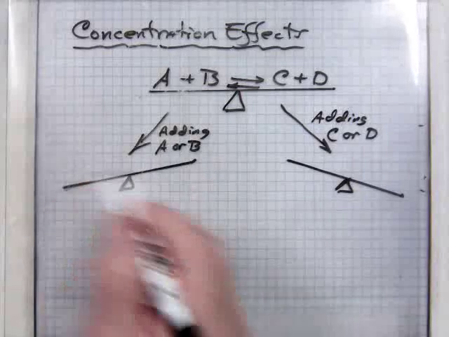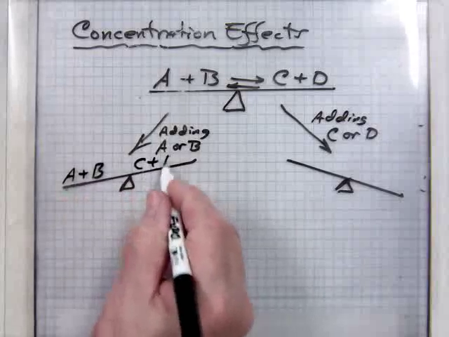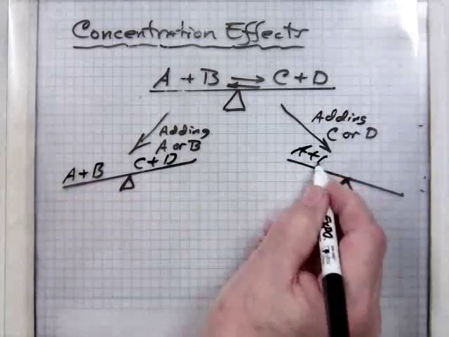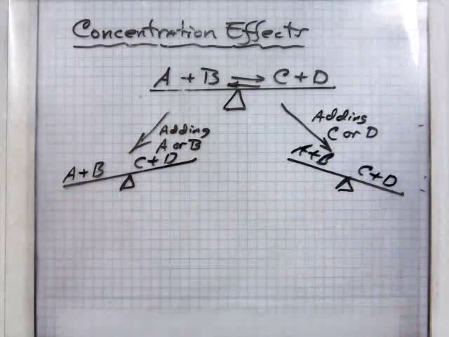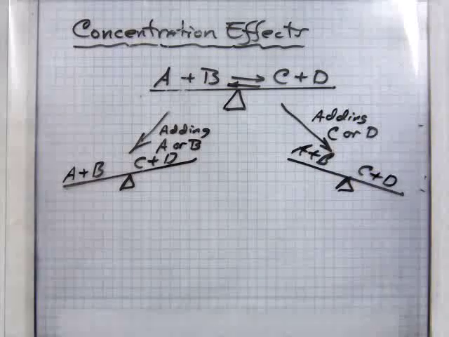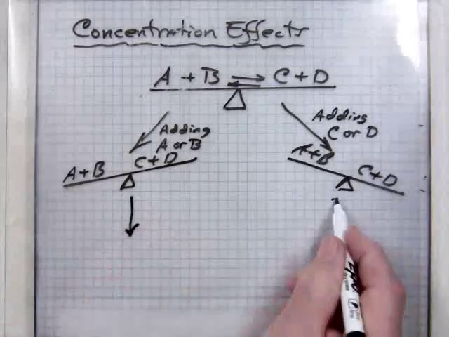So when you write this, A plus B, C plus D, you need to ask yourself, what must happen to bring this equilibrium back to a level condition?